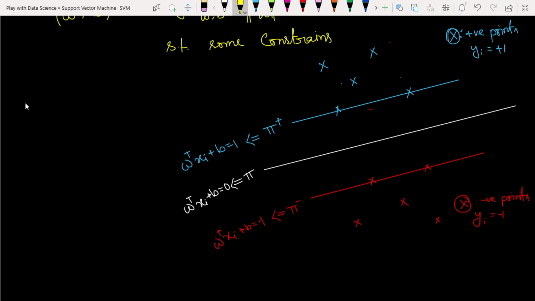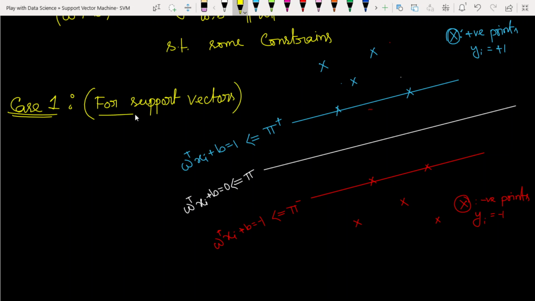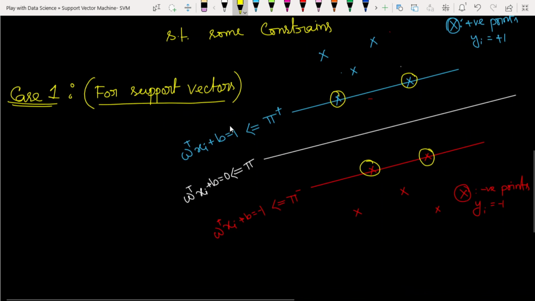So now case 1. First I am taking case 1, and in case 1 we are just considering support vectors. Support vectors, means these vectors, these vectors, these vectors, and also these vectors. These 4 vectors I am now considering.